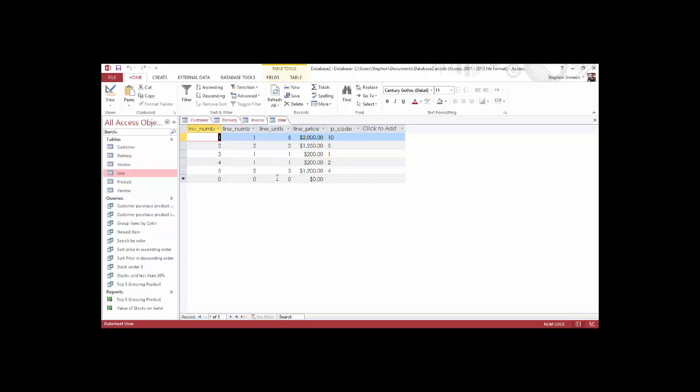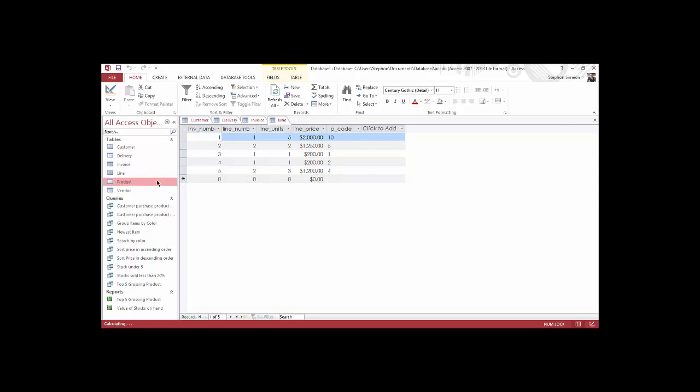So here we just have the invoice number, the line number, the line unit, so how much of a particular product the customer took, and the price, along with the product code, so you can actually pull the information of the product, what exactly was used.